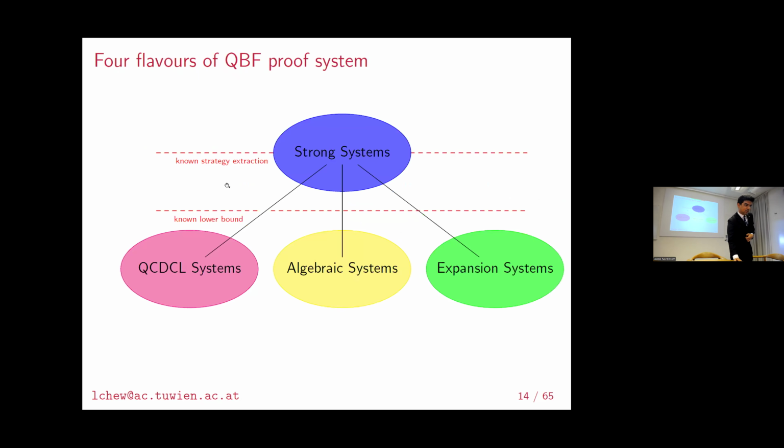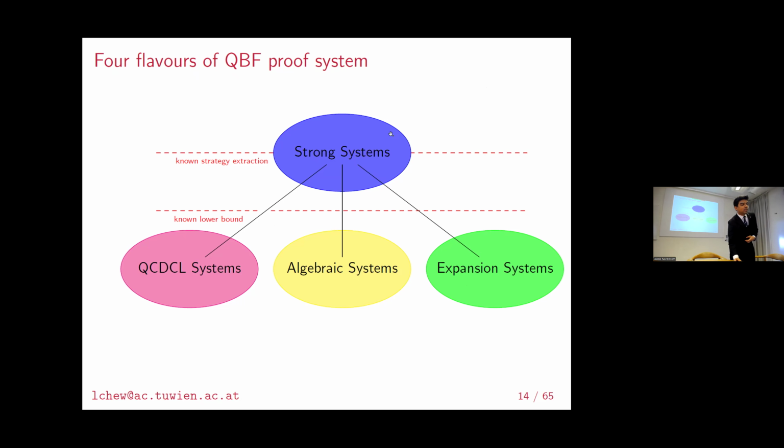Before I continue, I'll just summarize what the different kinds of QBF proof systems are. As I said before, all the expansion systems live in here, and QU resolution lives in here. And there are other proof systems of these flavors based on various solving techniques or generalizations of the proof systems. We've also studied algebraic proof systems, that's when we turn things like cutting planes or the polynomial calculus into a QBF proof system.